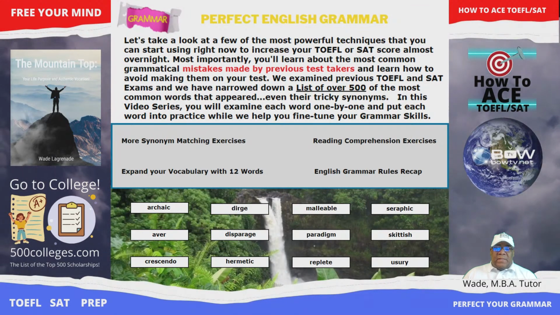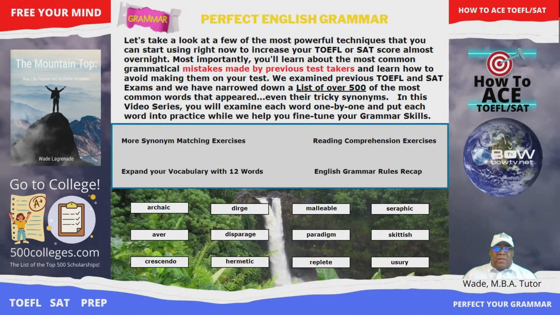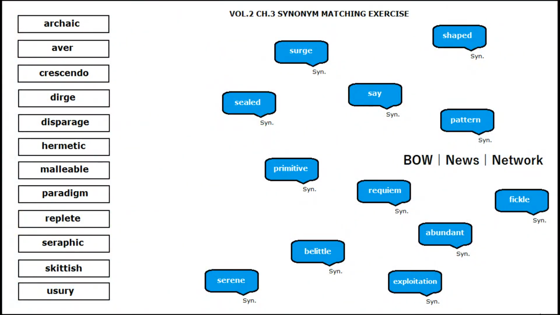And then by all means, let's take a look at the word synonym matching exercise for this chapter. And here we have our 12 words that we covered. Hopefully you remember the definitions. If not, you can actually go back real quickly. But these are their corresponding synonyms, and you can go ahead and start completing some of them. We can quickly see that some of them are actually matching up quite well.